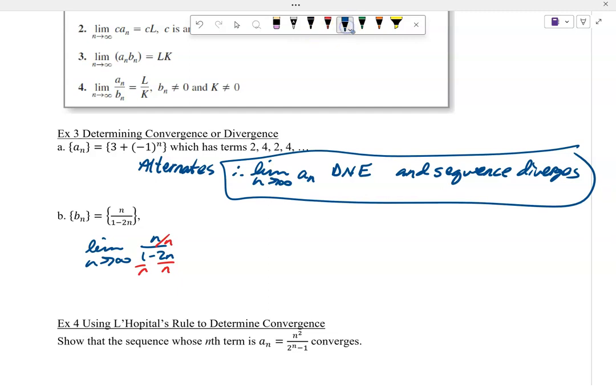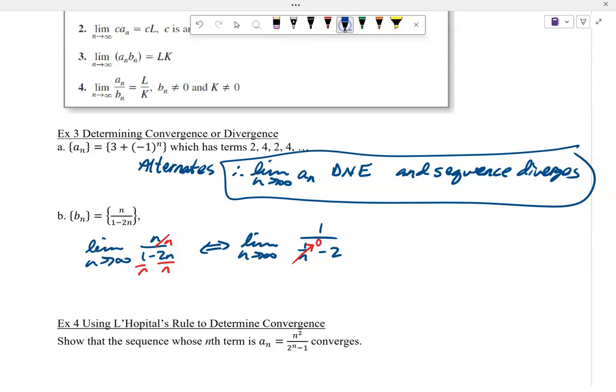And so what you have is the limit as n goes to infinity of 1 over n minus 2. And again, we did this because it was infinity over infinity, right? Initially, it was indeterminate in form, so we had to manipulate it algebraically, or we could have used L'Hopital's, right? But I wanted to just practice an algebraic technique. Now let's let n run to infinity and see if we have any issues. Well, the limit as n goes to infinity of 1 over n, so 1 over a huge number goes to 0, right?